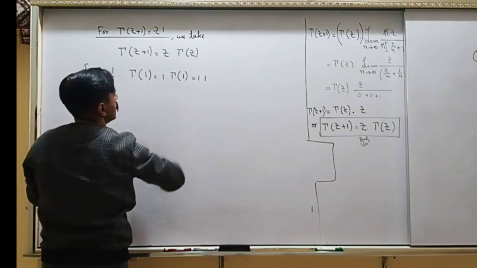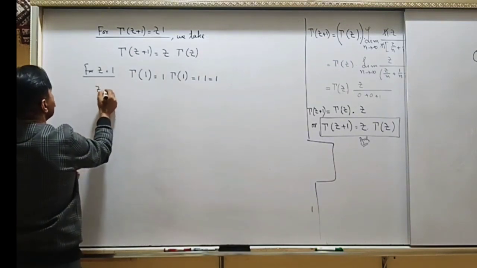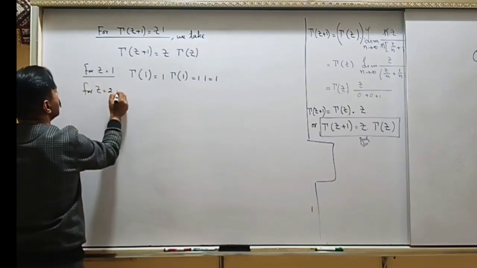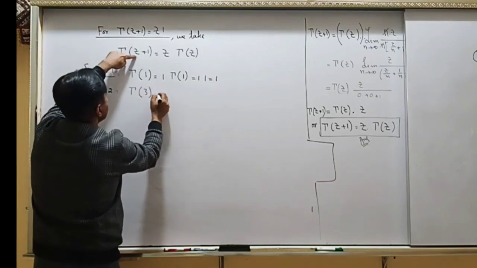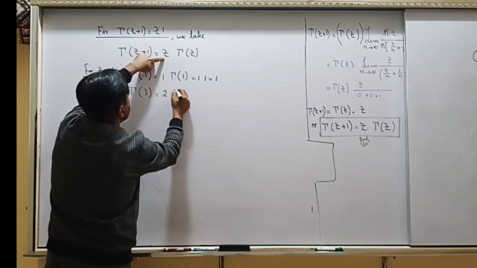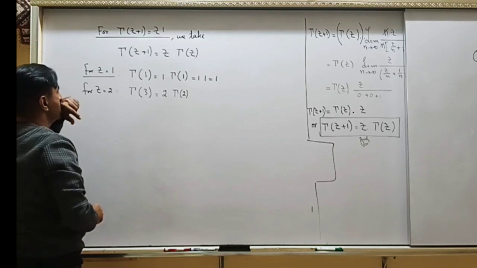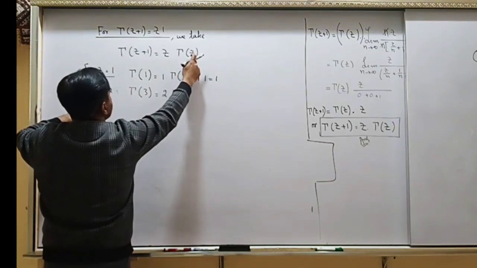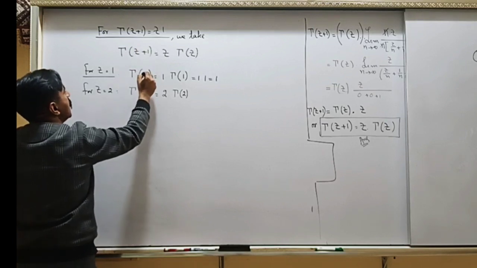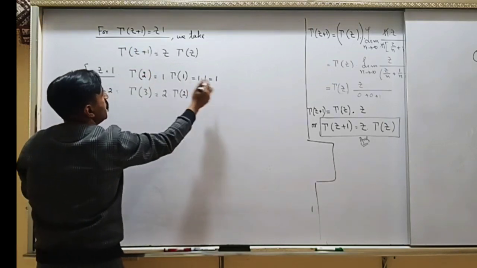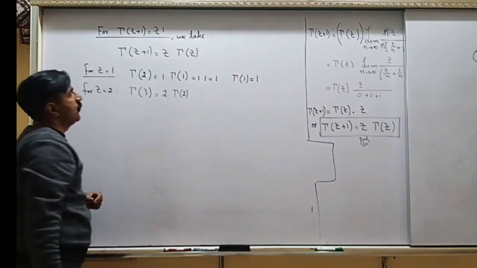Z equal to 2, use this relation again. 2 plus 1 is 3, this is 2 gamma 2, and gamma 2 is 1 plus 1, this makes 2, gamma 1.